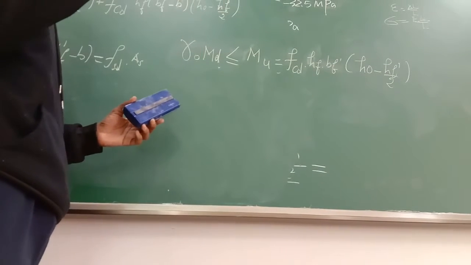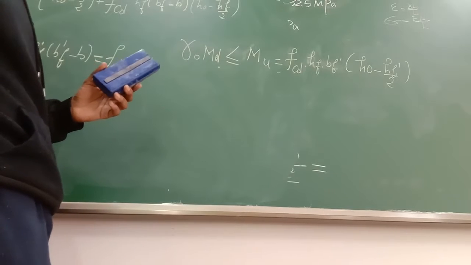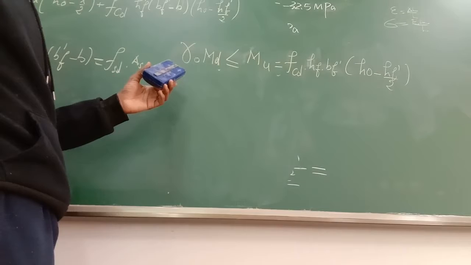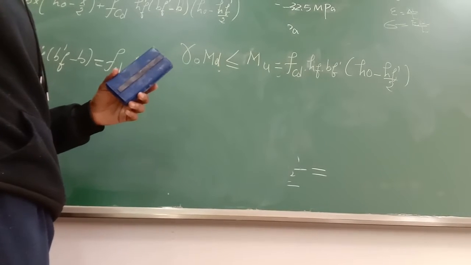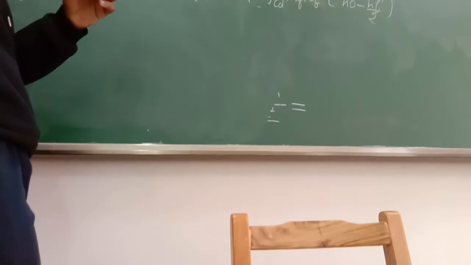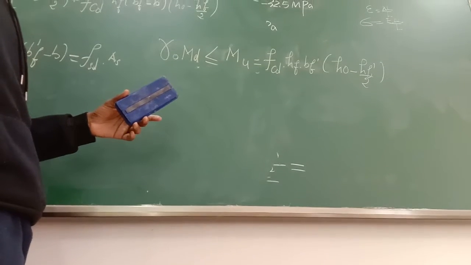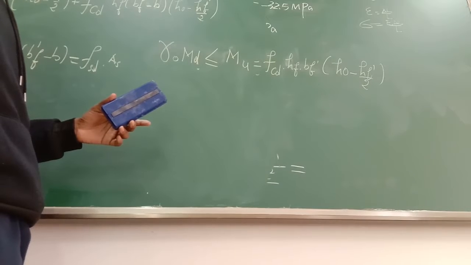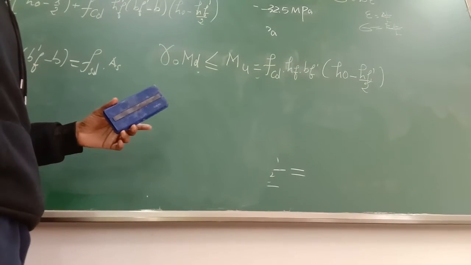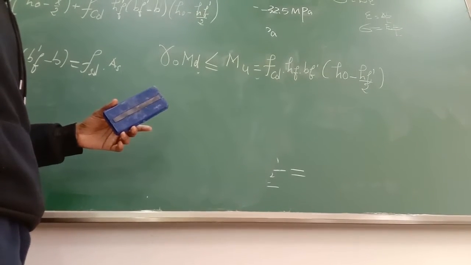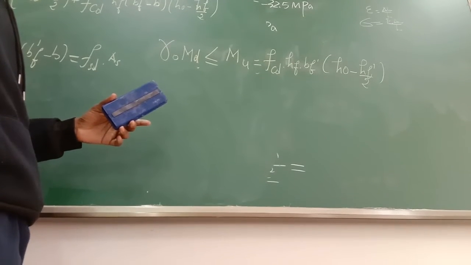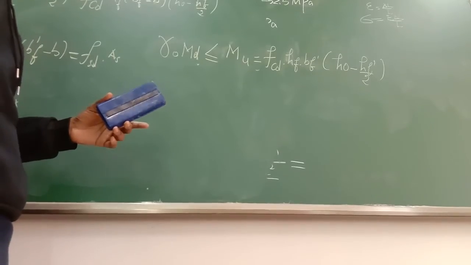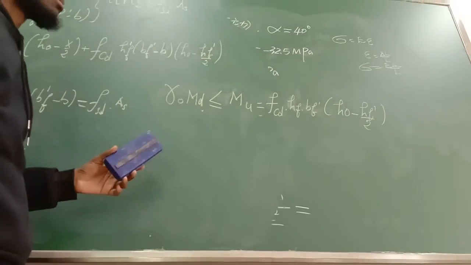If MU is larger, that means in the compression zone the total flange in compression is more than needed. The area is too big, so only part of this flange in compression is enough. That means type 1.